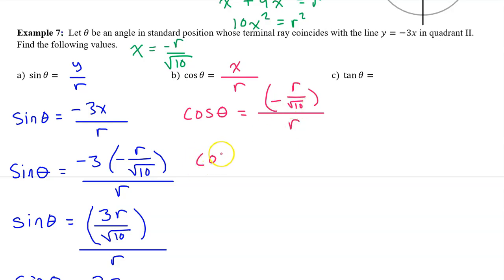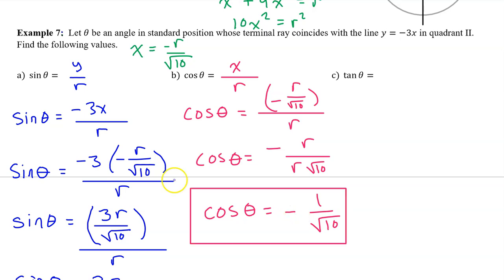So we get cosine theta is equal to negative r over r radical 10. These r's will cancel each other out. That leaves us with the cosine of theta is equal to negative 1 over radical 10. Cosine was quite a bit easier than sine in this case.